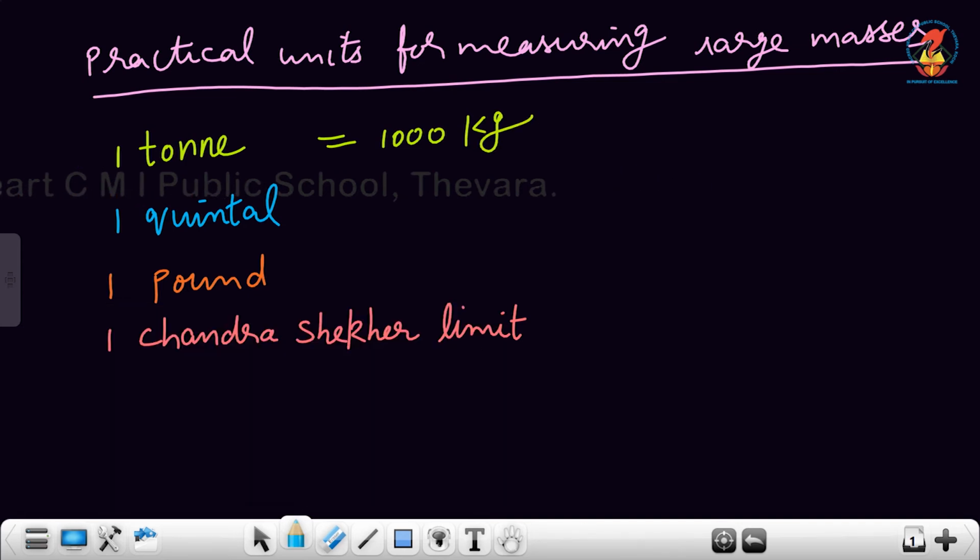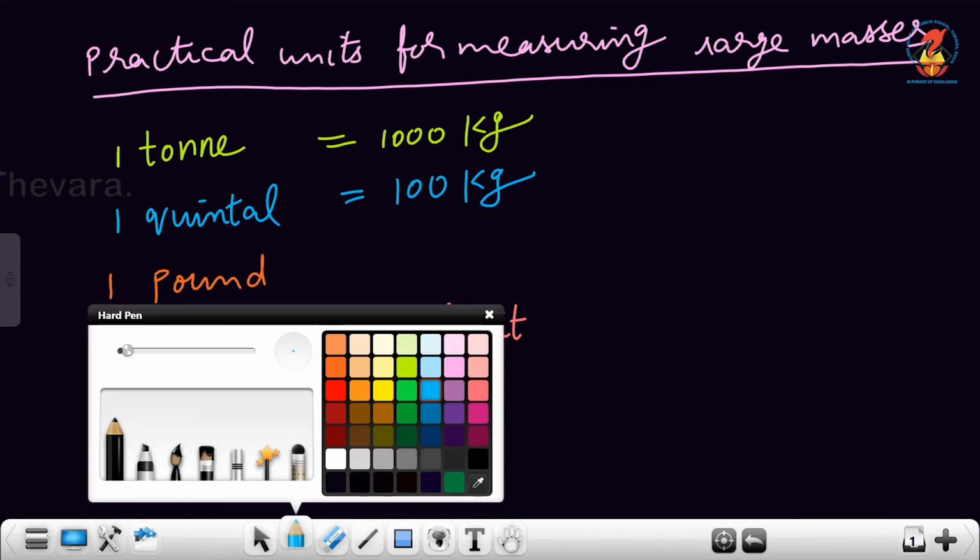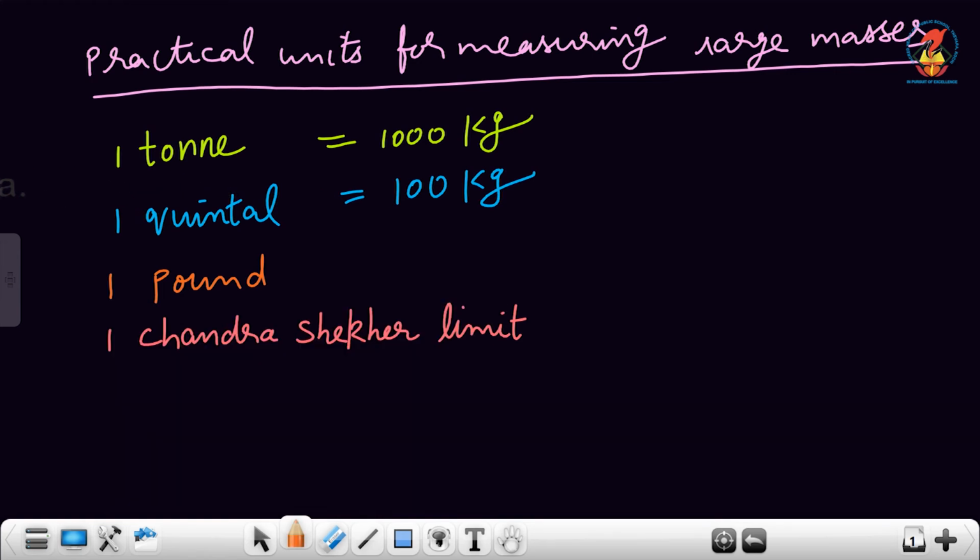Now comes quintal. 1 quintal is 100 kilogram. Then the third thing is pound. 1 pound is 0.45 kilogram.